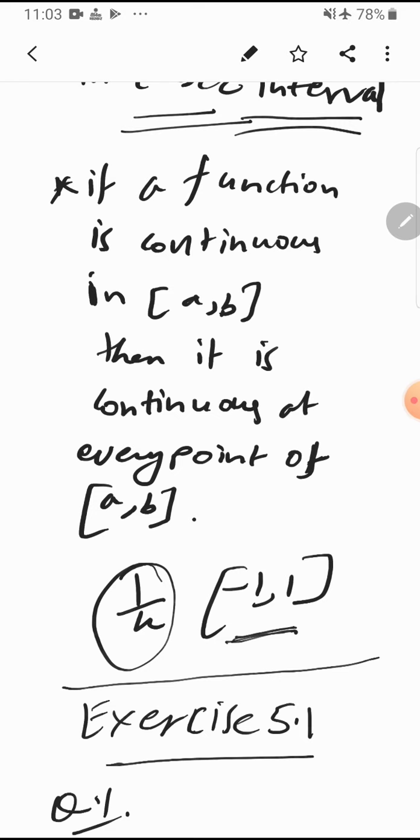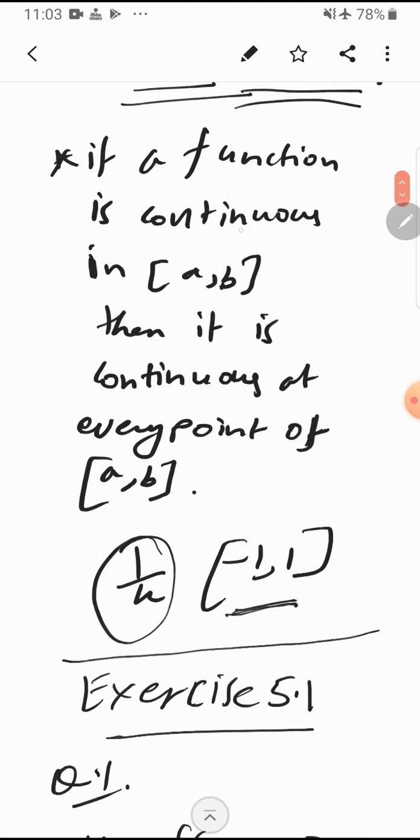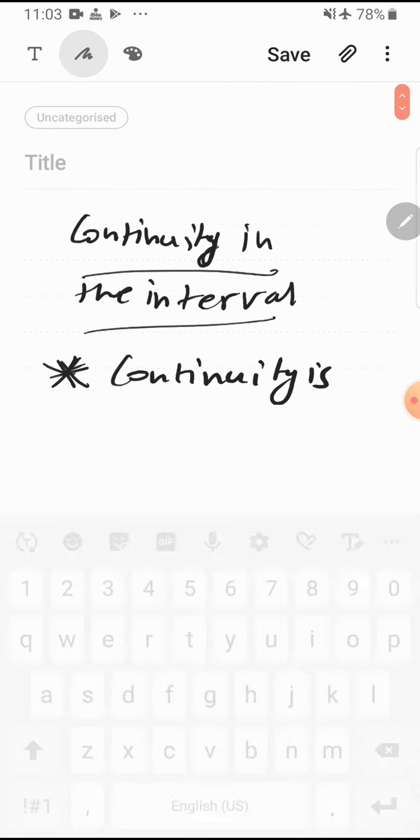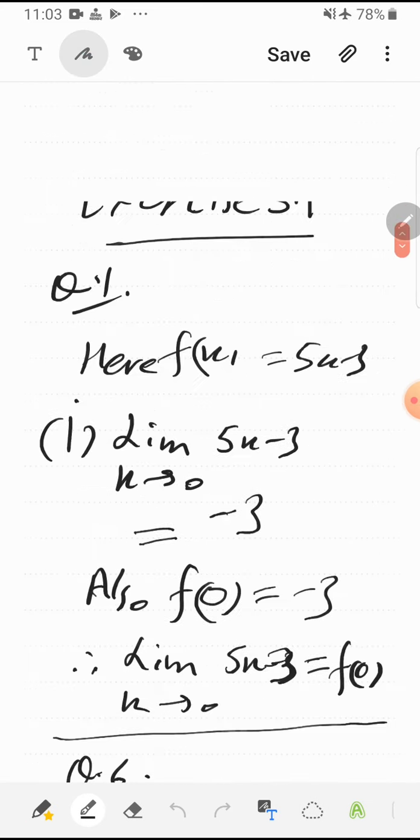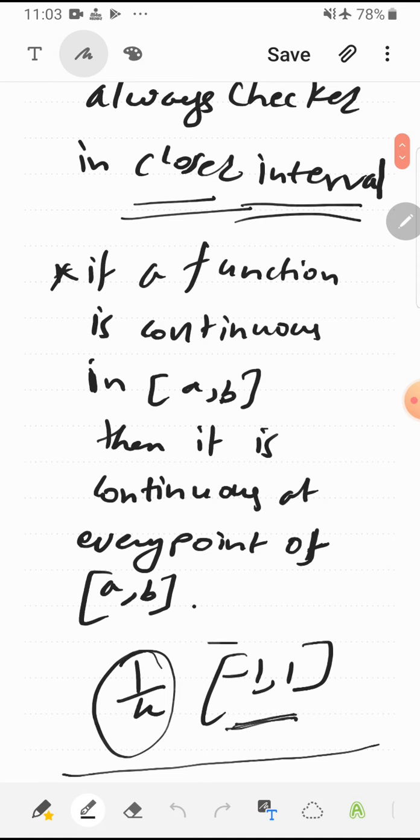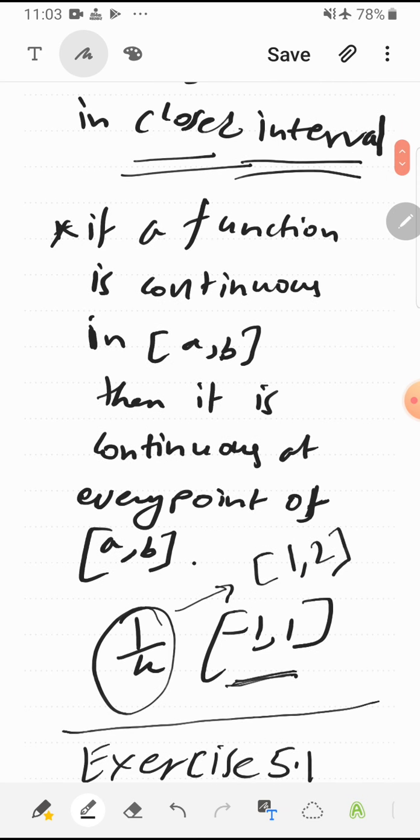So I will say 1 by x is not continuous in the closed interval minus 1 to 1. If it is checked in the closed interval 1 to 2, then I can say 1 by x is continuous in the closed interval 1 comma 2, as there is no point which makes 1 by x not defined.